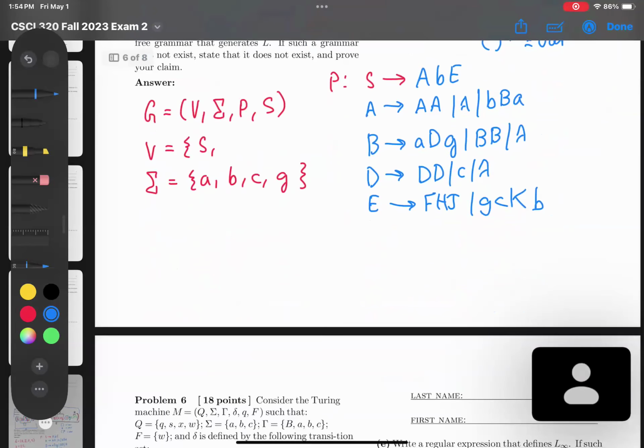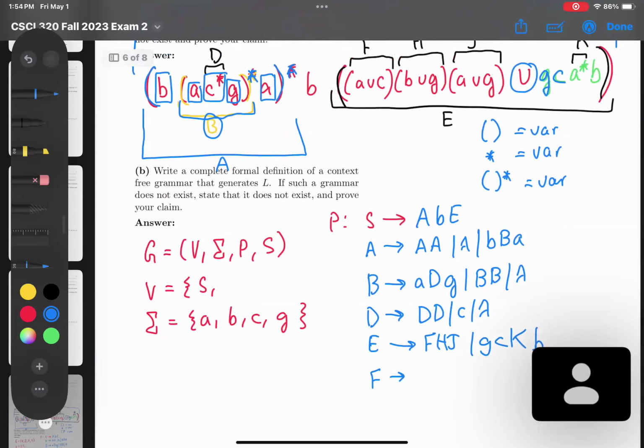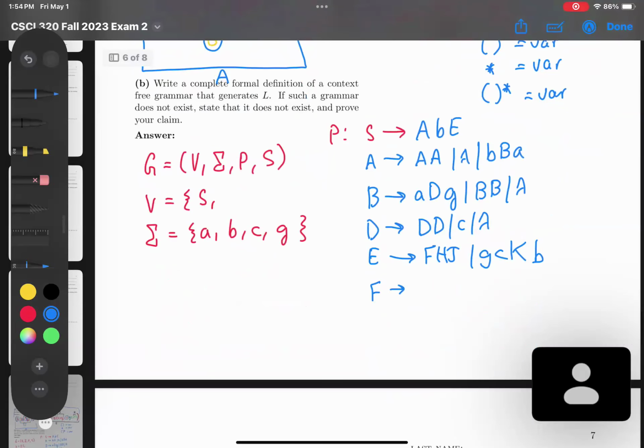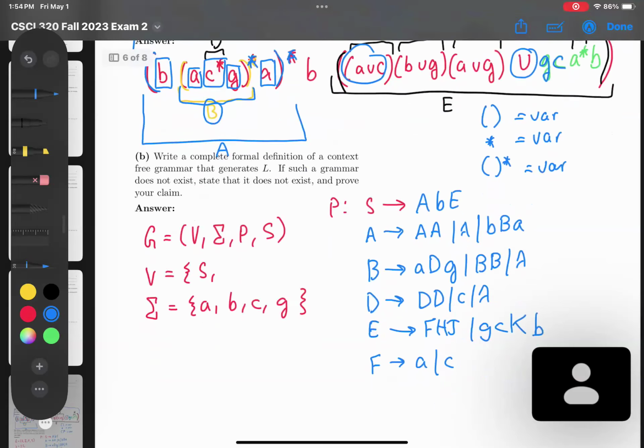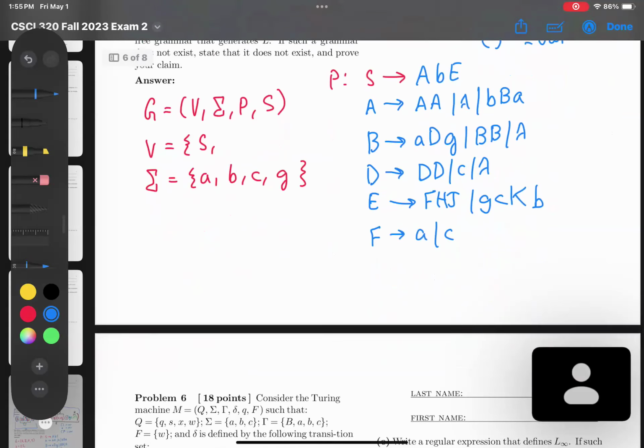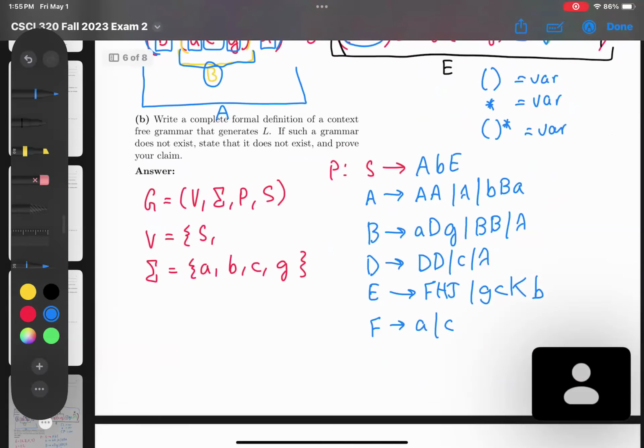And now we have to keep defining. What is F? F is A or C, right here. Let's say A bar C. The union translates to bar in the context-free grammar. And then what is H?